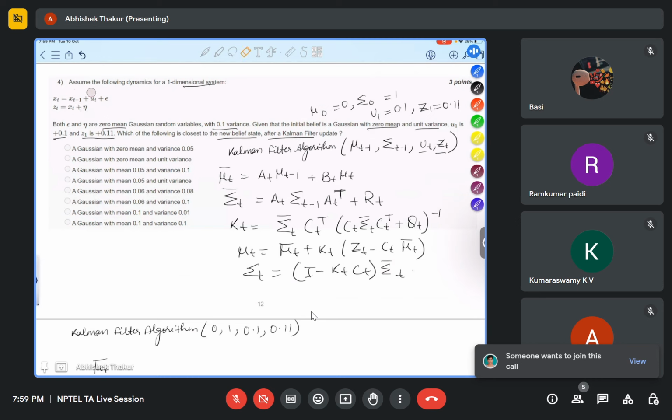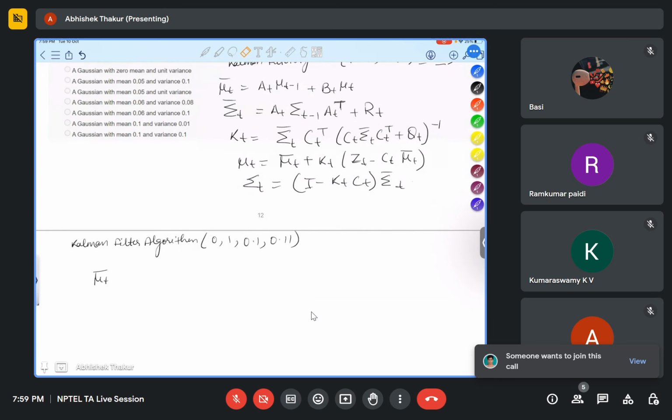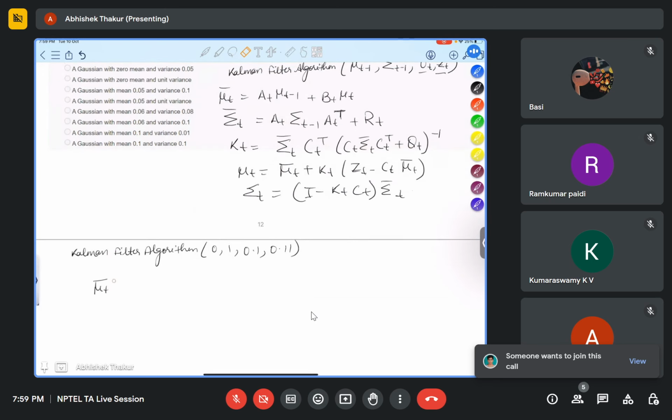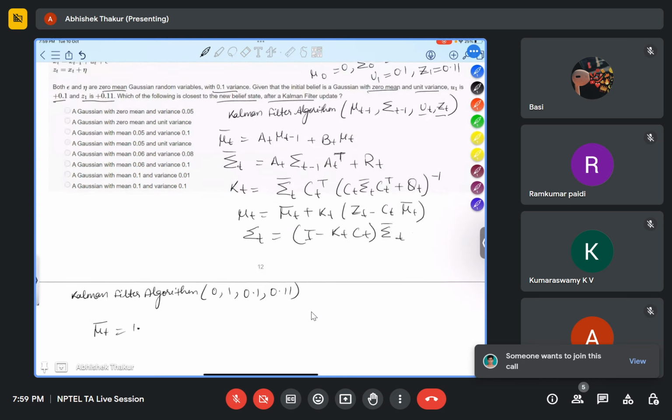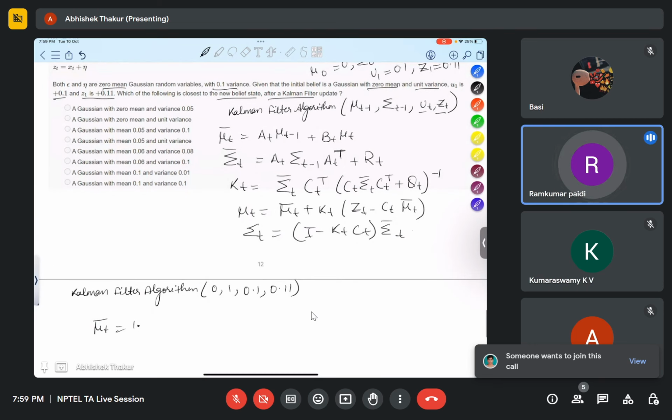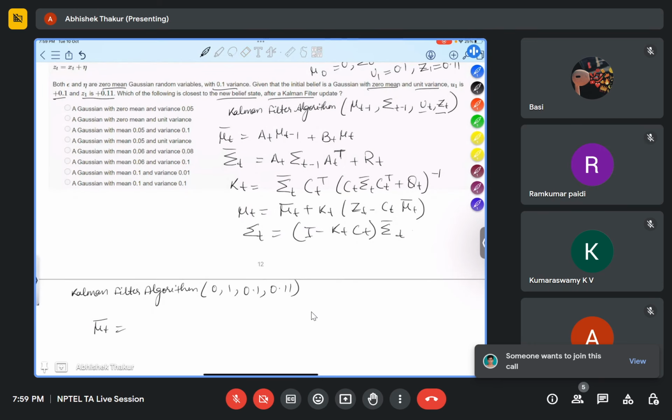So from this A, B, C we will take as 1. So our mu t bar is equal to 1 into, first let's break down, mu t minus 1 plus u_t.